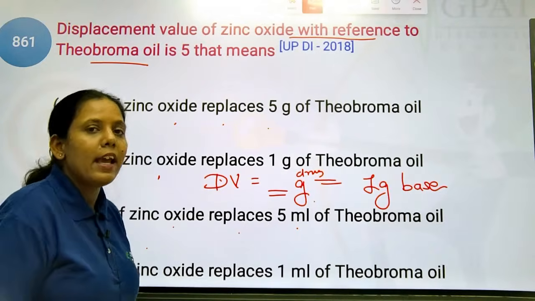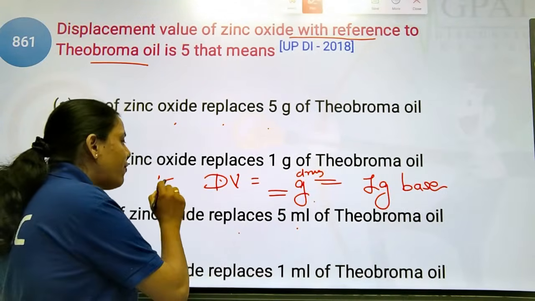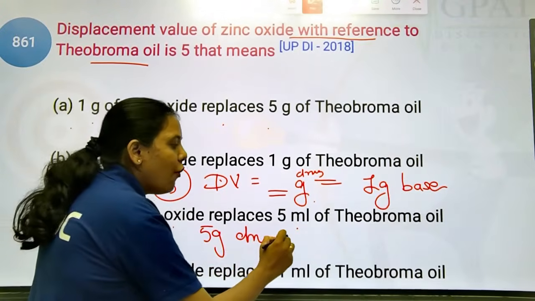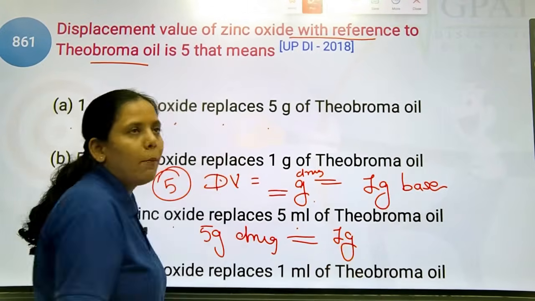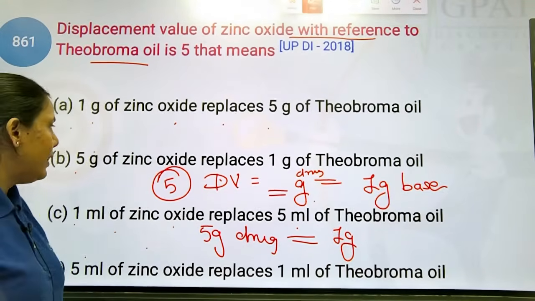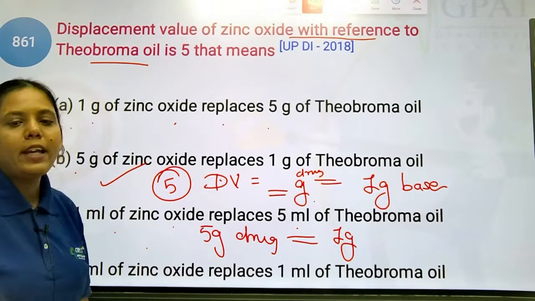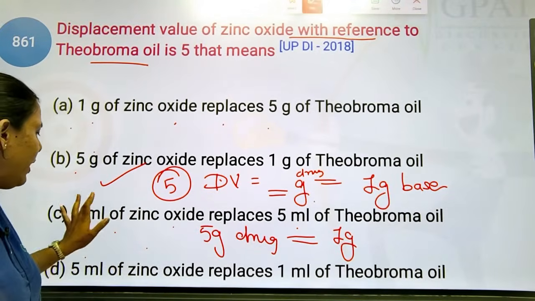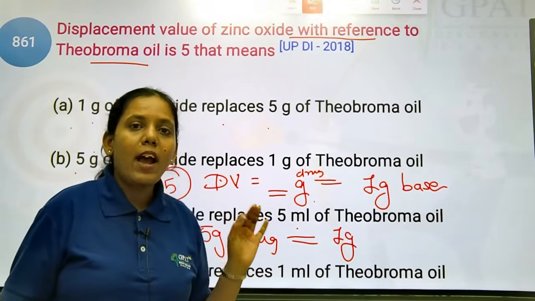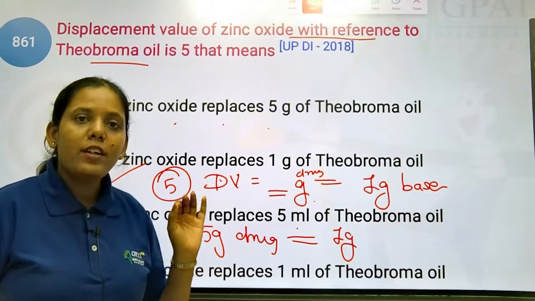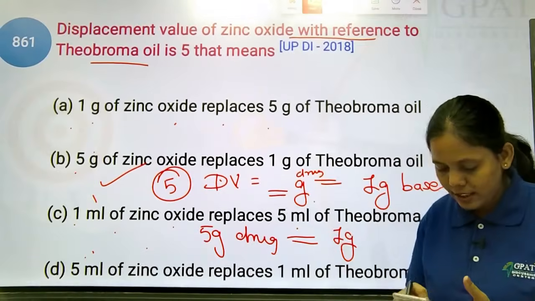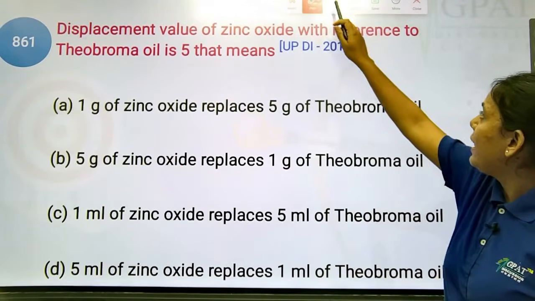In this case, if displacement value is 5, that means 5 gram of the given drug will displace 1 gram of the base. That is nothing but the displacement value. In this case, option B is the right answer, which is definitely not in ml. Option C and D is not there. So option B is the right answer.